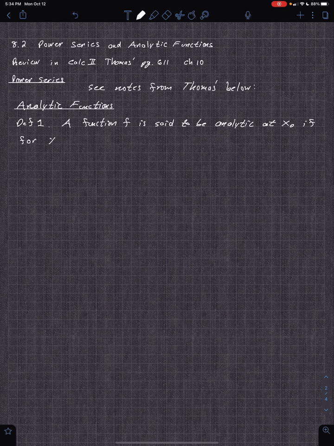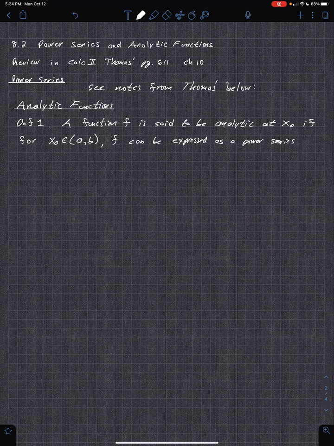So for x naught in an open interval a, b, they don't say it just like that, but that's okay. F can be expressed as a power series, essentially, with a positive radius of convergence.